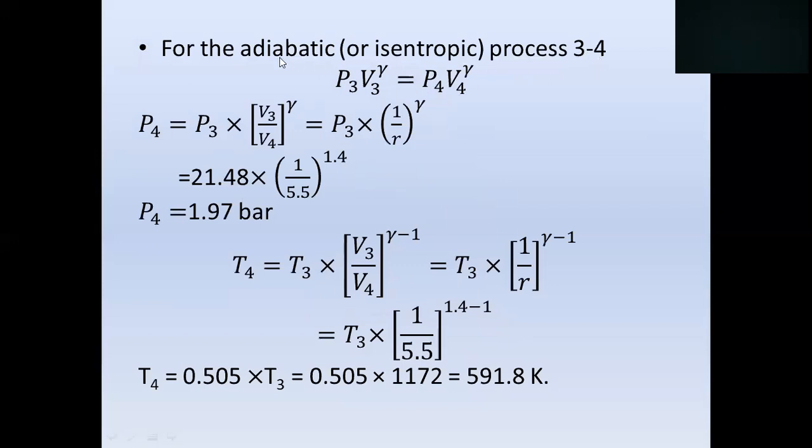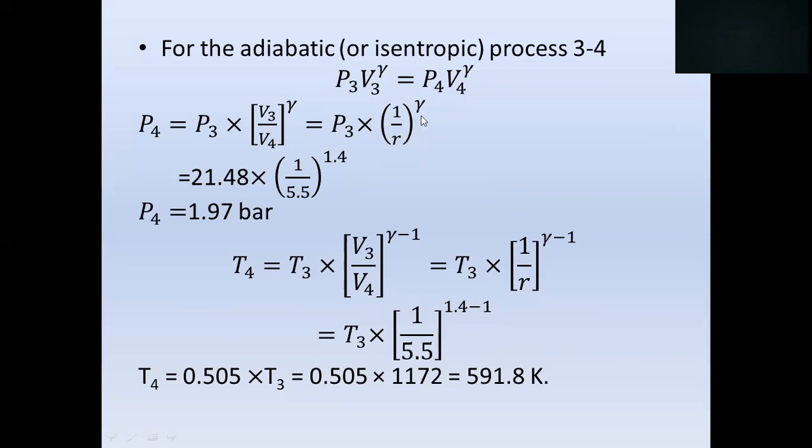Process 3 to 4 is adiabatic expansion process. So the relation is P3 V3 power gamma is equal to P4 V4 power gamma. So to find the value for P4, P4 is equal to P3 into V3 by V4 the whole power gamma, which is again equal to P3 into 1 divided by R. V3 by V4 is the reciprocal of compression ratio.